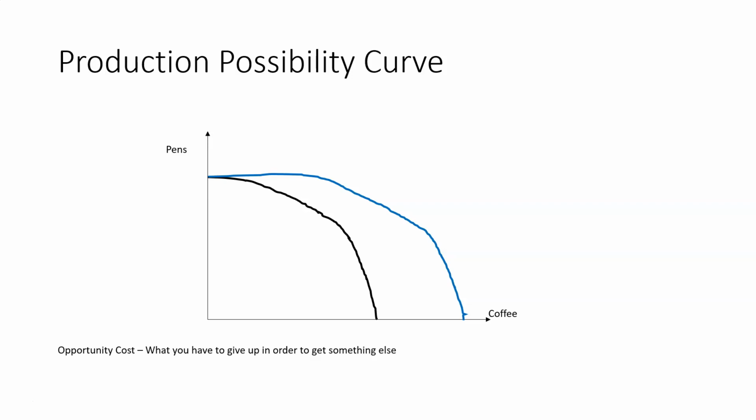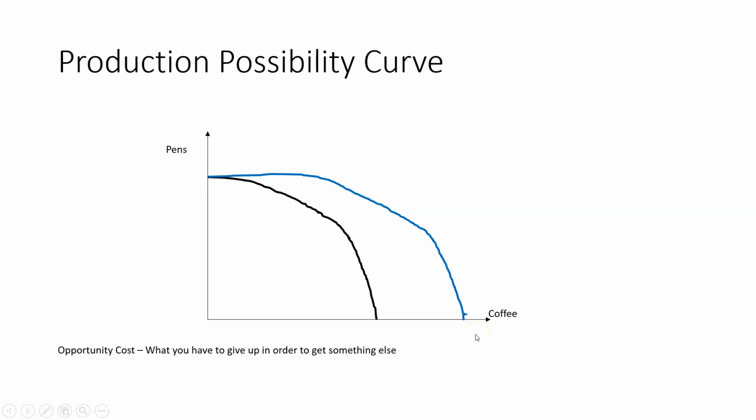You would never use a new technology which produced less, all right? So in this case, if our coffee technology improved, we'd be able to get more coffee. But if we're producing only pens, we would still get the same amount of pens. So this blue curve here represents what would happen if we had a change in technology.